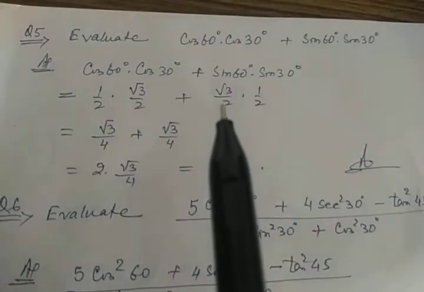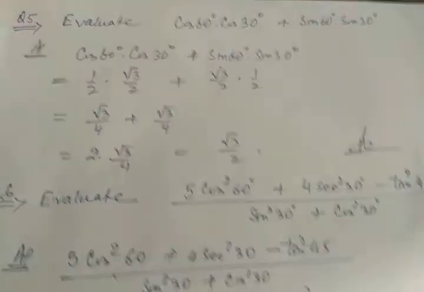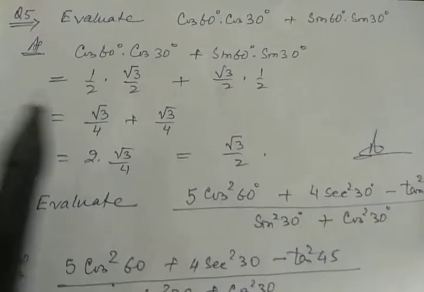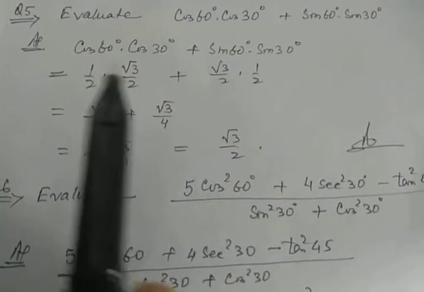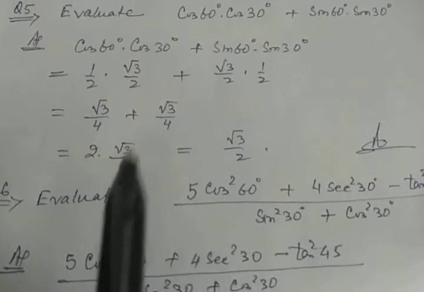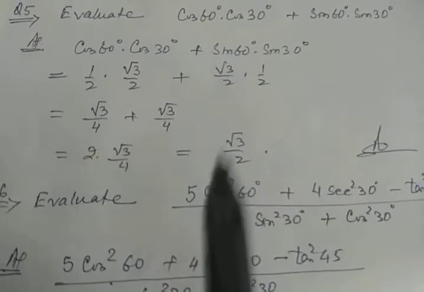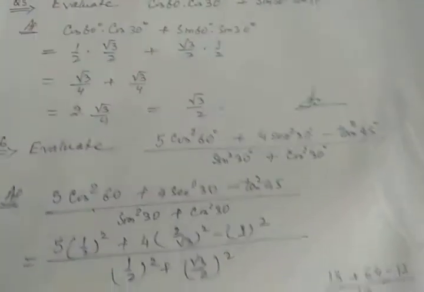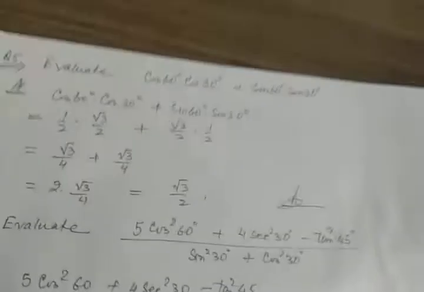Sin 60, root 3 by 2. Sin 30, 1 by 2. Is it clear? Now simplify. It becomes root 3 by 4, and it is also root 3 by 4. So 2 times root 3 by 4 is root 3 by 2. So for such types of problems, the essential part is simple: you should know the values correctly.